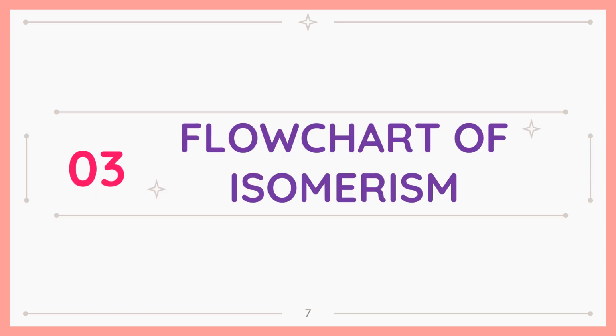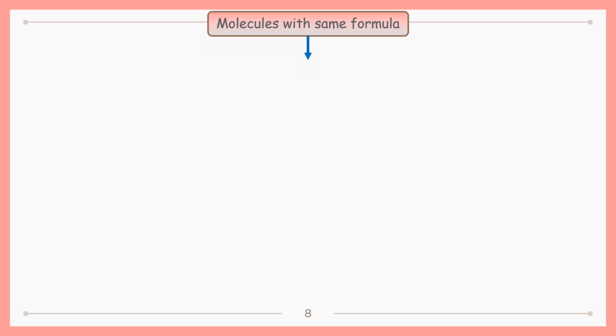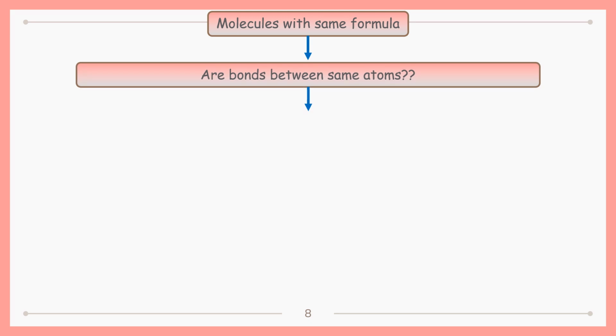Coming to the flowchart of isomerism. The molecules have the same molecular formula, and we ask whether the bonds between the central metal atom and the ligands are with the same atoms.